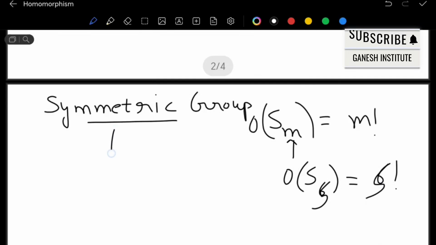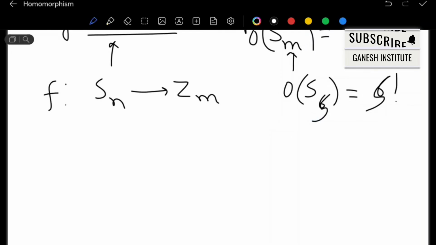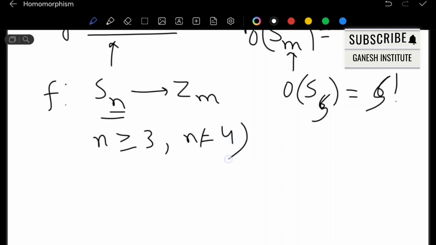Now, in the case of symmetric groups, how will you find the number of group homomorphisms? Let's say there is a mapping from S_n to Z_M. But please remember, the condition is that n has to be greater than or equal to 3, but it cannot be 4.